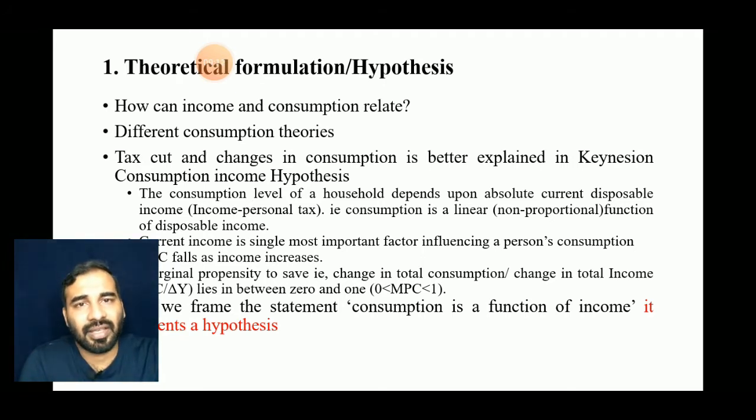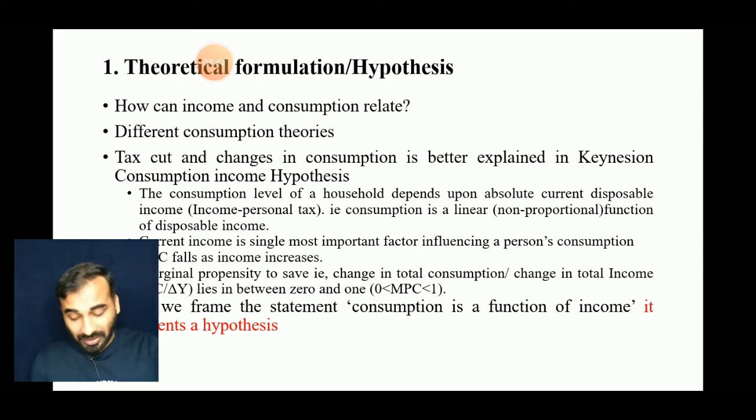Third one, MPC. MPC is nothing but the change in consumption due to change in income. This always lies between 0 and 1. Why has he made such an assumption? Because if the value of MPC goes beyond 1, what does it mean?